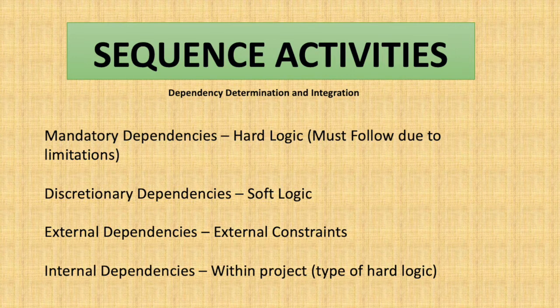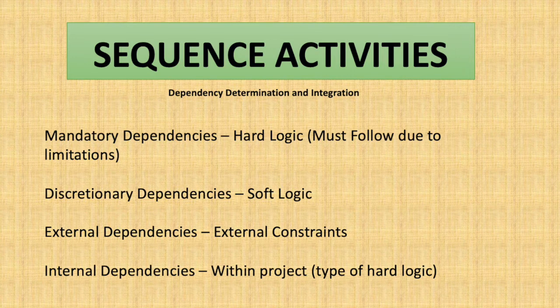Internal dependencies. Internal dependencies are also a kind of hard logic, but the difference between external and internal is that internal dependencies are within the project team's hand or within the organization. For example, we have some resources that are being used by this organization on a different project, and we also need to use that specific resource.